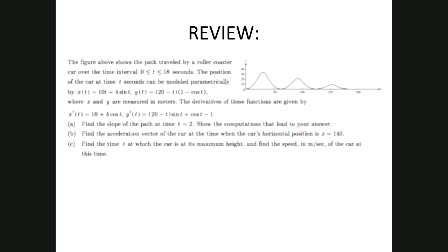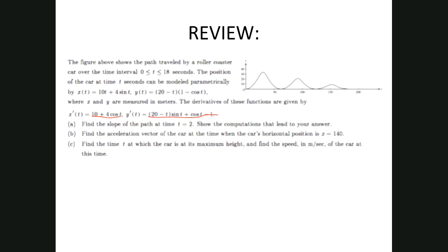And this is where it gets really crazy. x of t is 10t plus 4 sine of t, and y of t is 20 minus t times 1 minus cosine of t, where x and y are measured in meters. The derivatives of these functions are given. Okay, so they give us the derivatives. x prime of t is 10 plus 4 cosine of t, and y prime of t is 20 minus t times sine of t plus cosine of t minus 1.